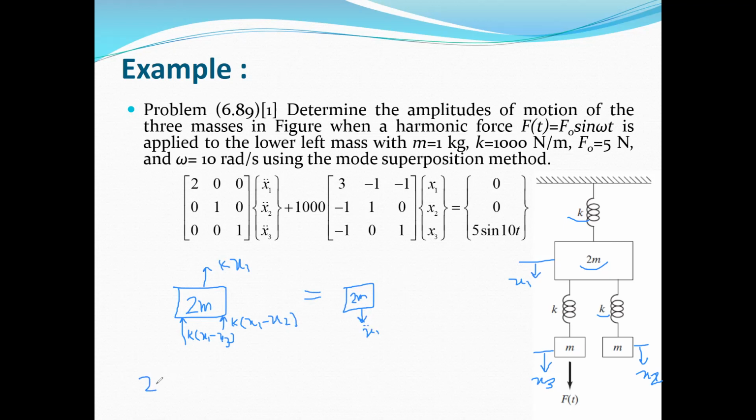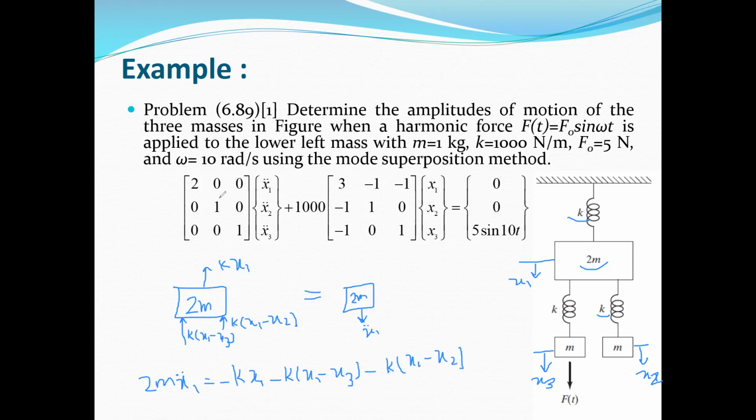It will be 2m x1 double dot is equal to minus k x1, minus k times (x1 minus x3), and finally minus k times (x1 minus x2).